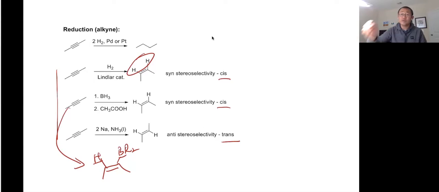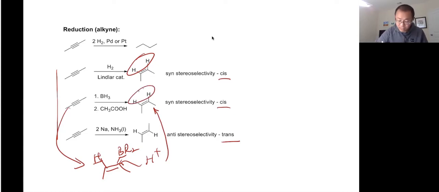But instead of doing peroxide oxidation that we showed previously, we treat this guy with an acid. A hydrogen will replace the B, with stereoselectivity. So in the end, you get 2 hydrogens on the same side because boron is on the same side as the hydrogen.